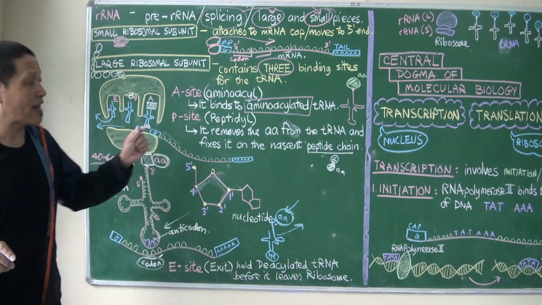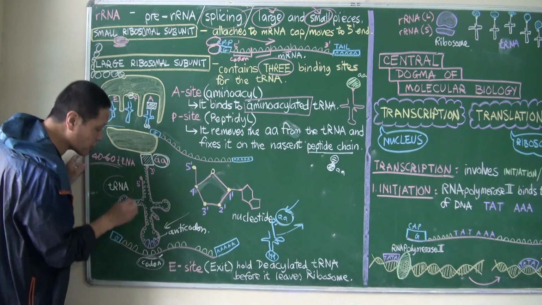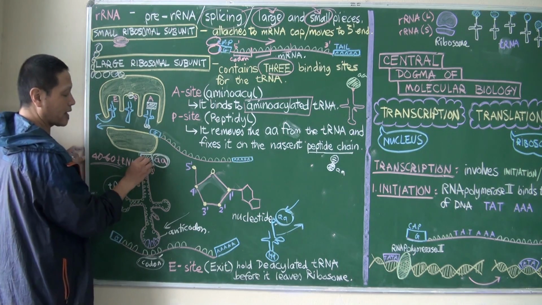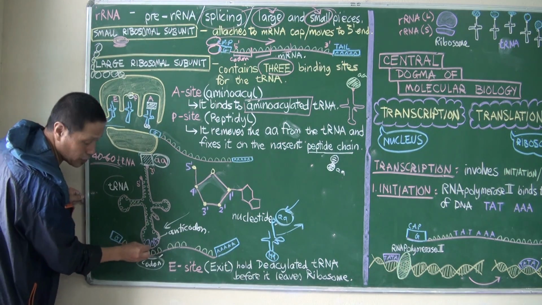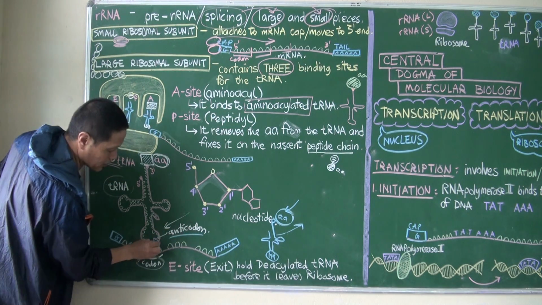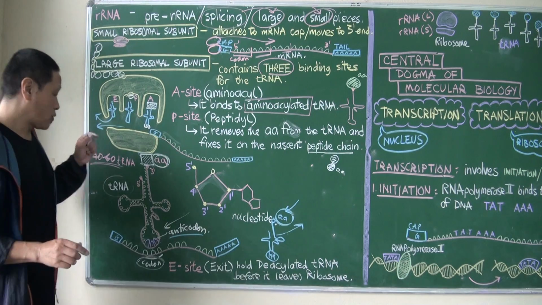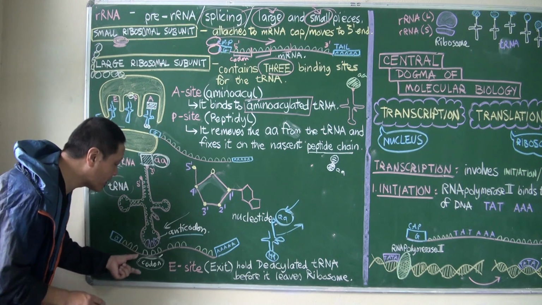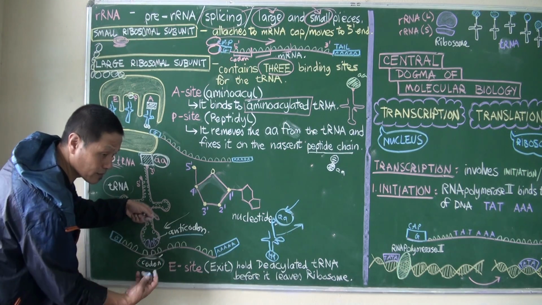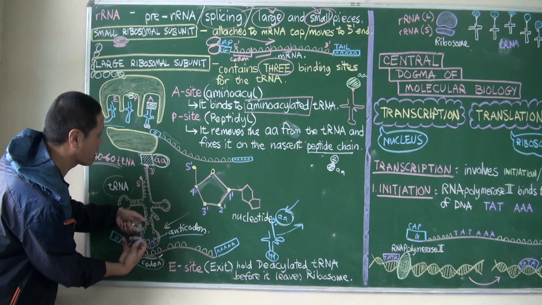What is an amino acylated tRNA? It is a tRNA which contains an amino acid that is dependent on the codes that's written on its anticodon site. Okay? So anticodon and the codon on the mRNA, they correspond, they attract each other.